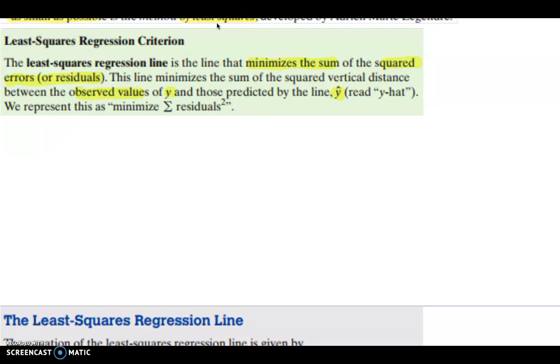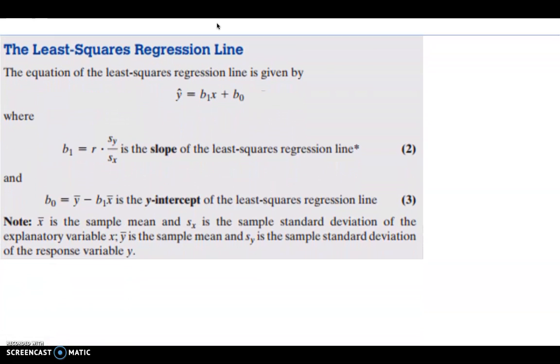Okay, so we represent this as the minimized sum of residuals squared. And that's a lot of English there, but just know that when you see y hat, that's our prediction. So here's the equation for the least squares regression line. It's given by y hat equals b1 x plus b naught, where b1 is the correlation coefficient times the standard deviation of the response variable divided by the standard deviation of the explanatory variable.